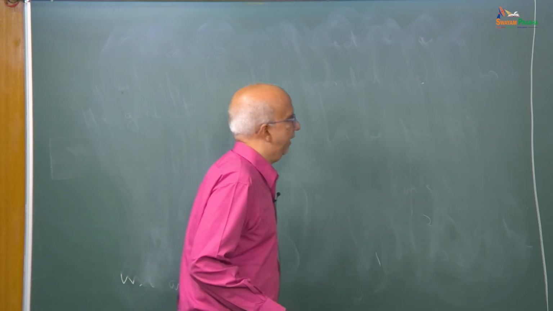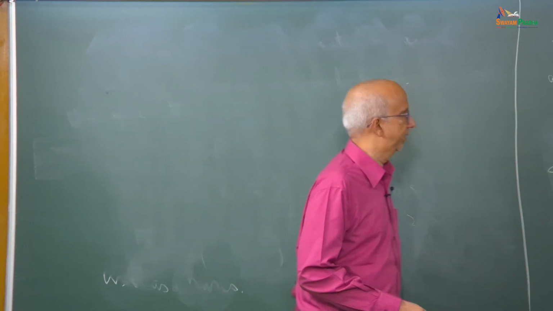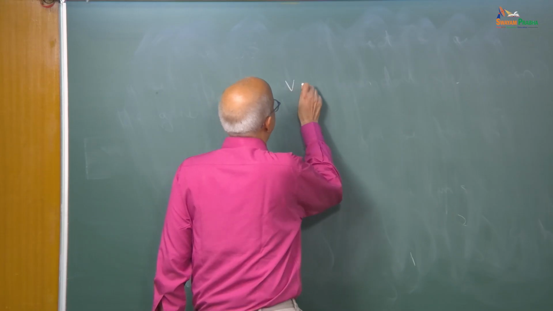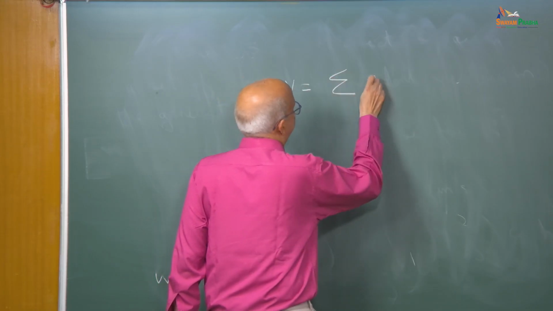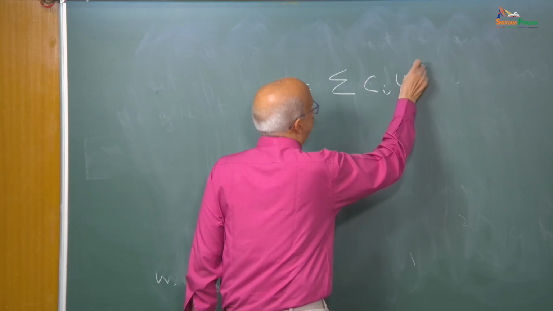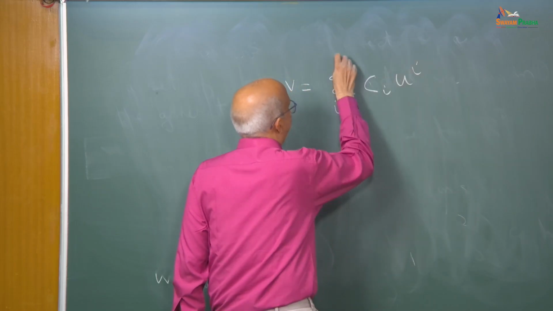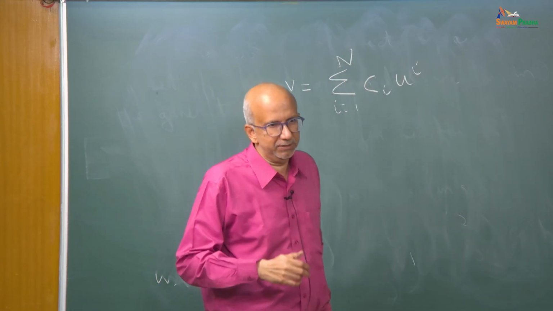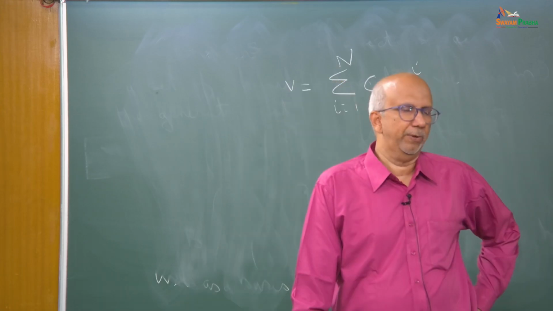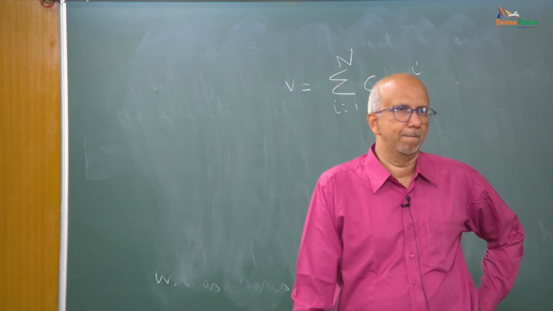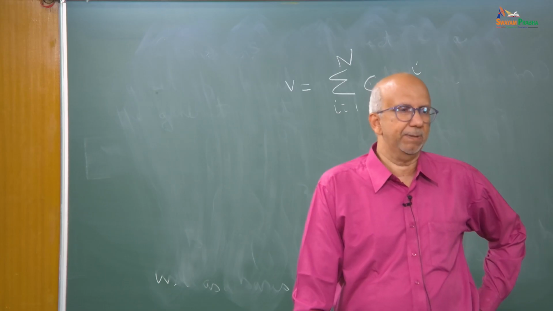So, when I write an equation of this kind, V equals sigma Ci ui, i equals 1 through n, I am just generalizing it to n. My question is, is this representation unique?